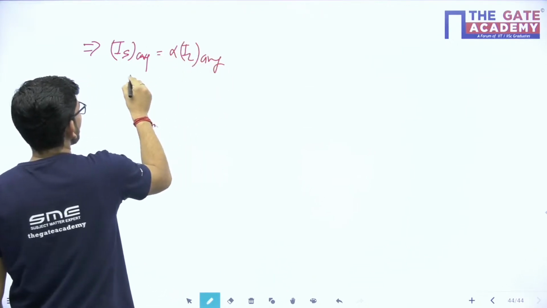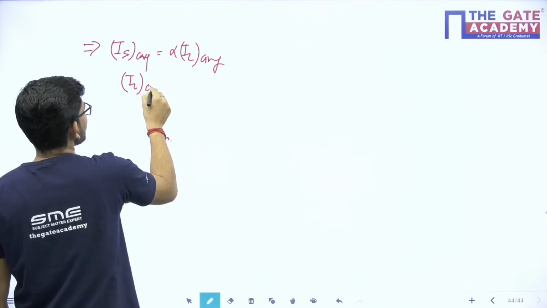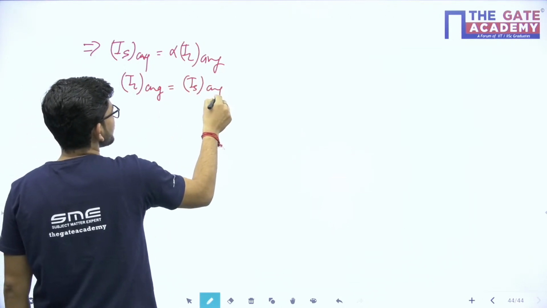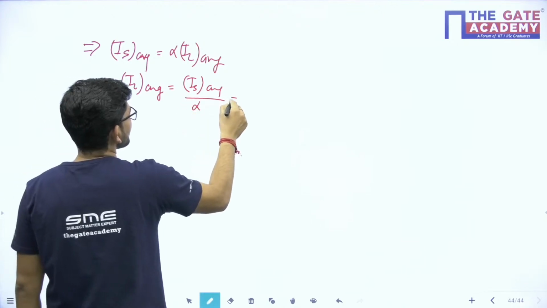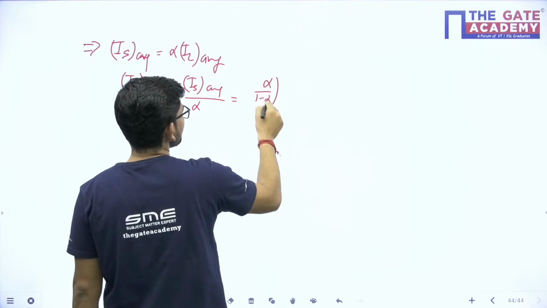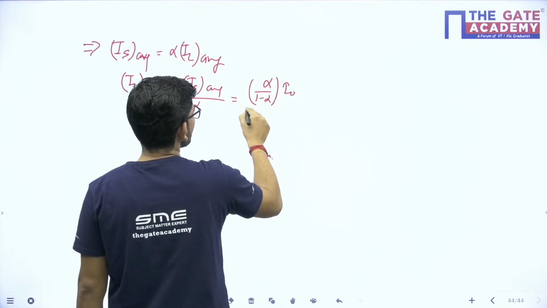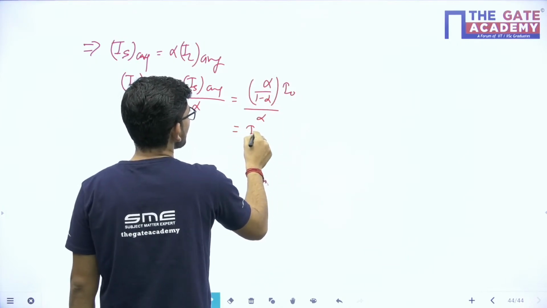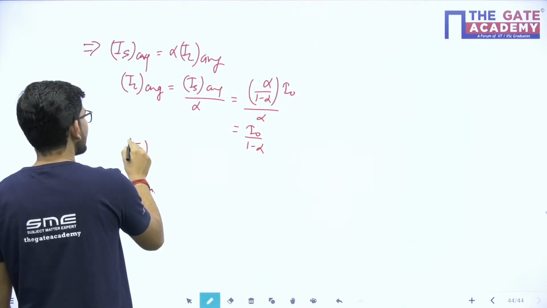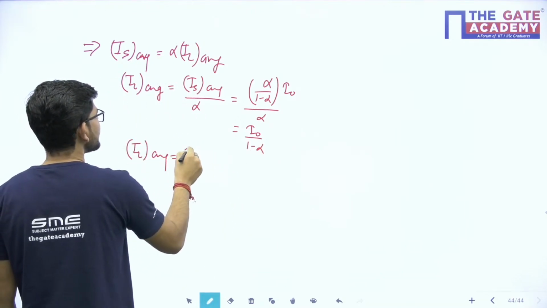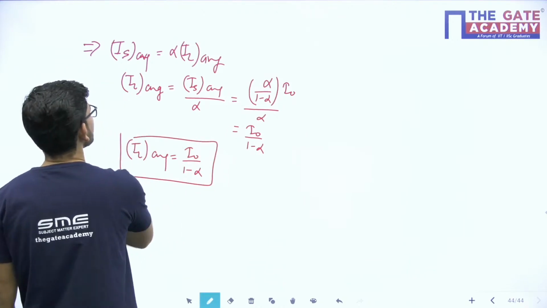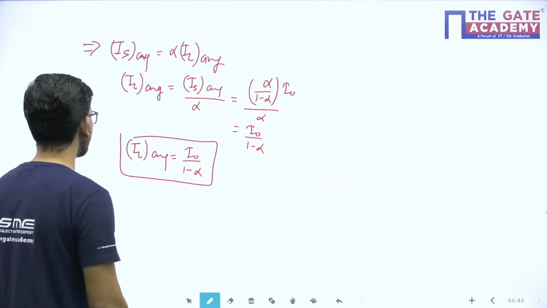From here, what will be the IL average current? This is equal to Is average upon alpha, and you have just calculated Is average, which is alpha upon 1 minus alpha times I naught, upon alpha. This is equal to I naught upon 1 minus alpha. So my IL average is I naught upon 1 minus alpha. This is how you will calculate IL average.